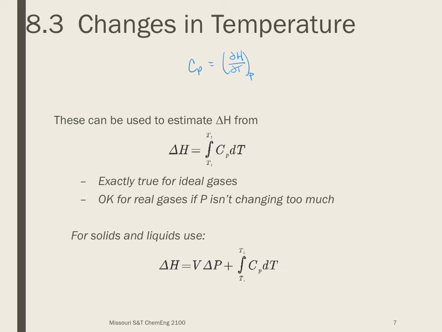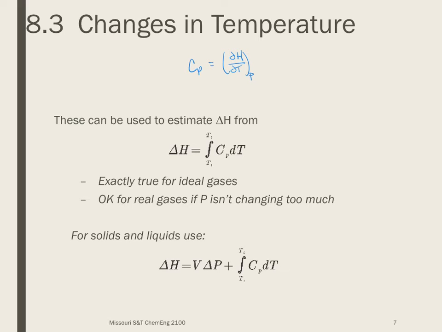Okay? Now, this will be true for ideal gases, whether the pressure is constant or not, because enthalpy is going to be a function of temperature and temperature only. For real gases, if the pressure doesn't change too much, then this isn't going to be too bad, okay? But I am going to have to integrate C sub P.